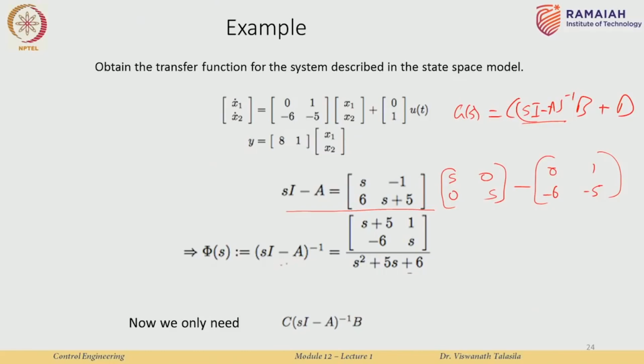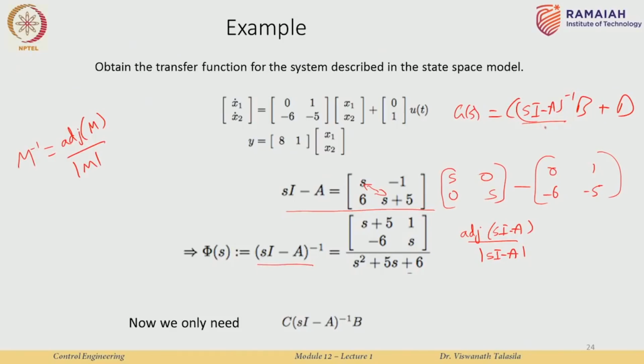So, the inverse of sI minus A is basically the adjoint of sI minus A divided by the determinant of sI minus A. If you remember the basic expression of inverse, let us take a matrix, and let me give a different notation, I will call it matrix M. The inverse of matrix M is computed by taking the adjoint of the matrix divided by the determinant of the matrix. That is exactly what we have done here. Adjoint basically means these two terms are swapped and the sign of these two terms is reversed, and we compute the determinant here. So, this is (sI minus A) inverse.